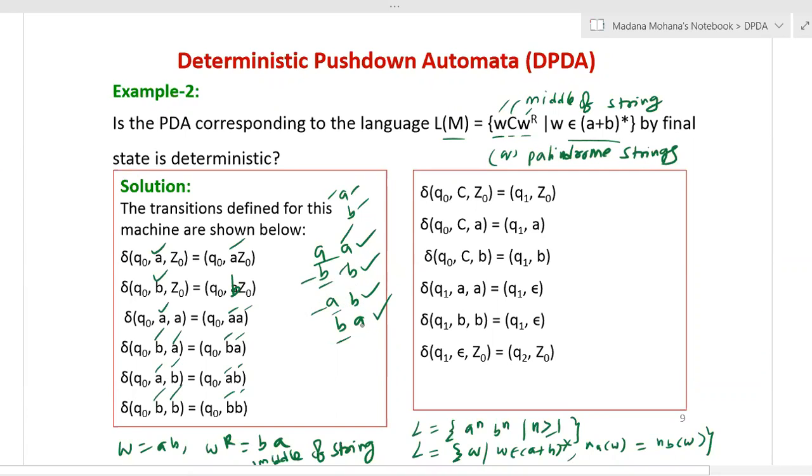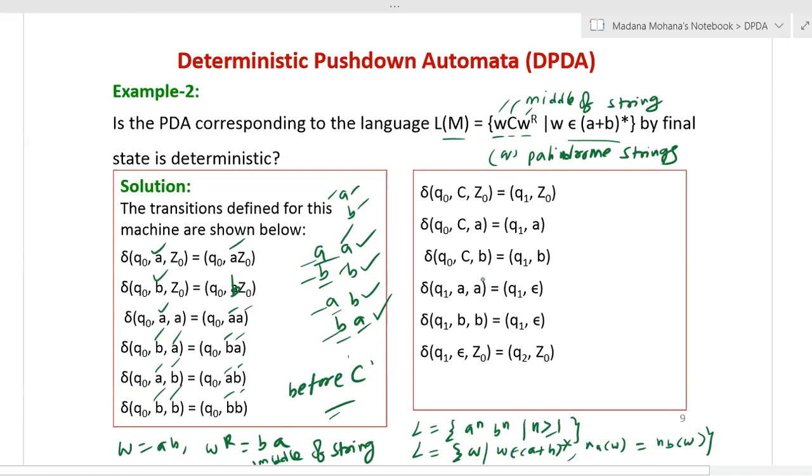That is, A on top with input A or B, and B on top with input A or B. Like this, you have to insert all combinations in the same state without changing state. That means all these happen before C, the middle of the string.